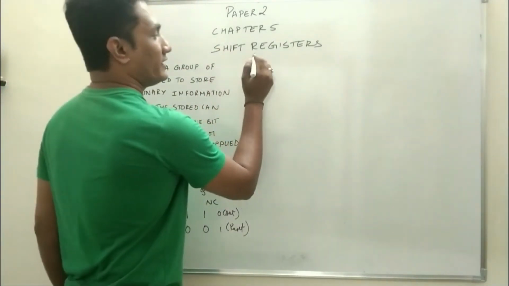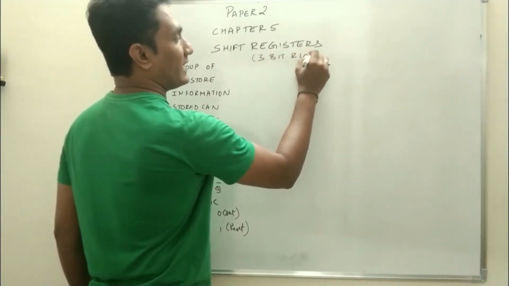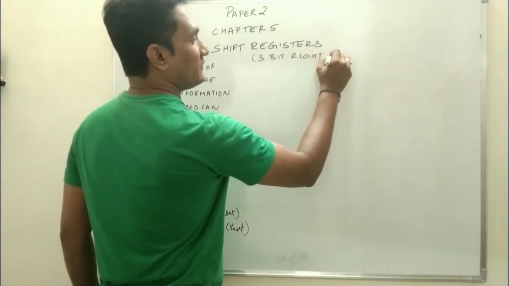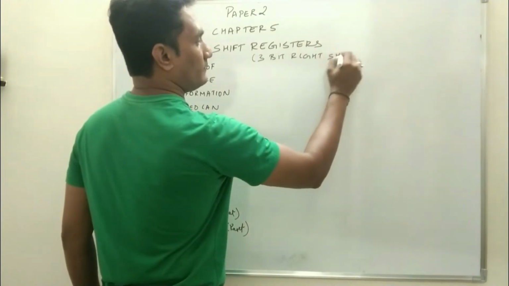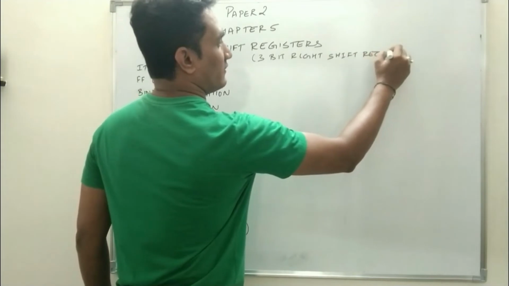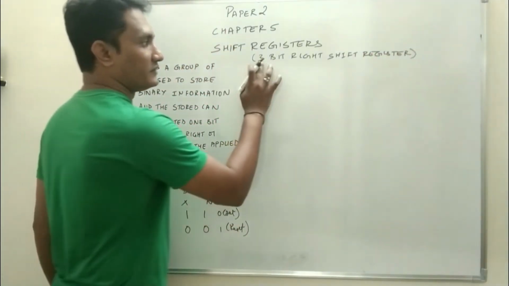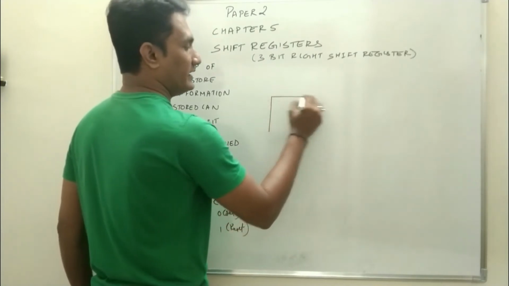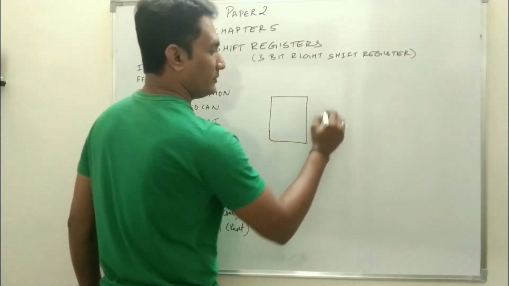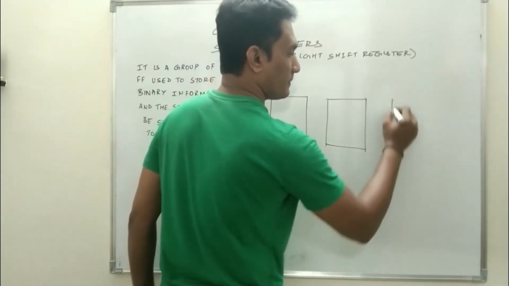So the first circuit which we will design is a 3-bit right shift register. If 3-bit, 3 flip-flops will be needed, 3 D flip-flops. So we will draw 3 D flip-flops.